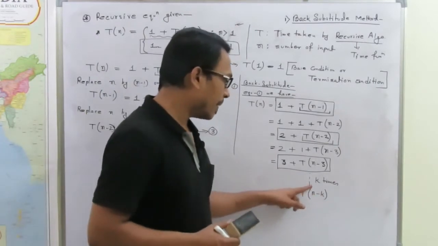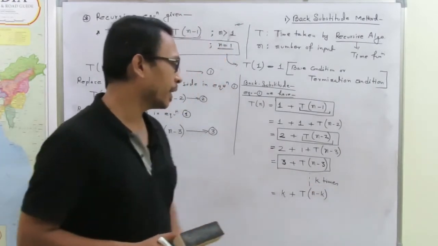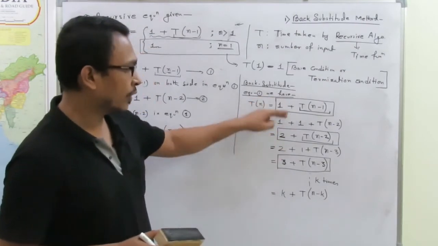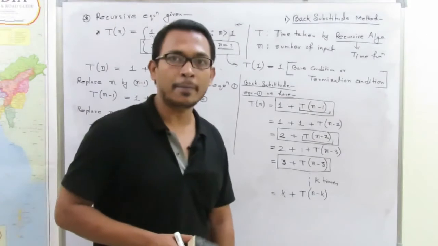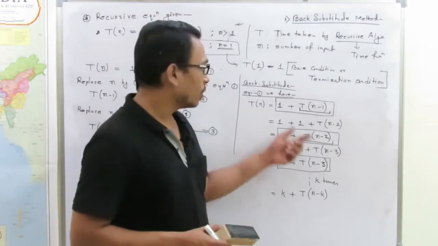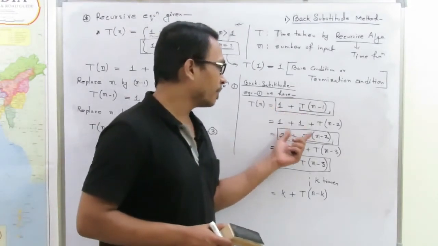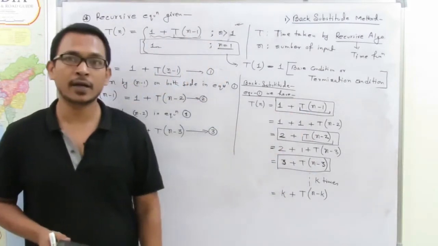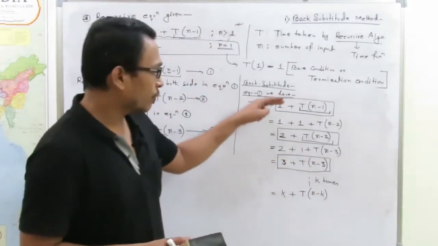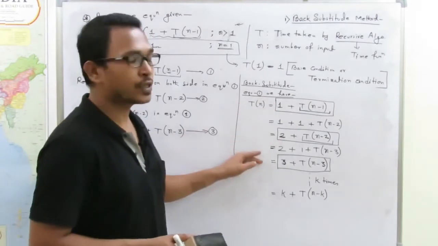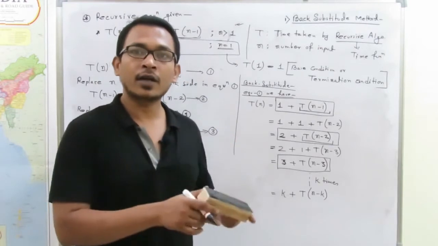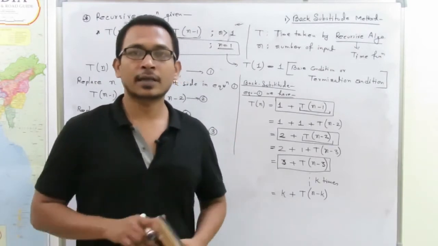We can apply k times only when we get to know the pattern that we are following in the back substitute approach. Clear? To get to know this pattern, you have to observe the process. You have to observe the result or outcome after each back substitute step.